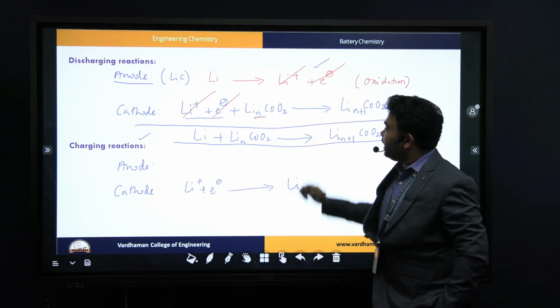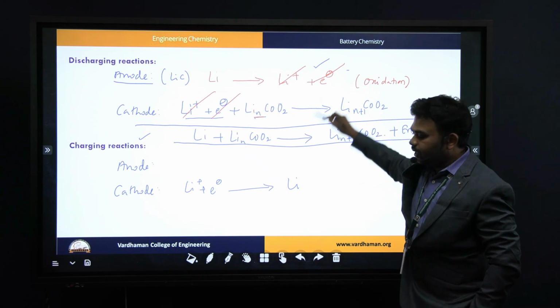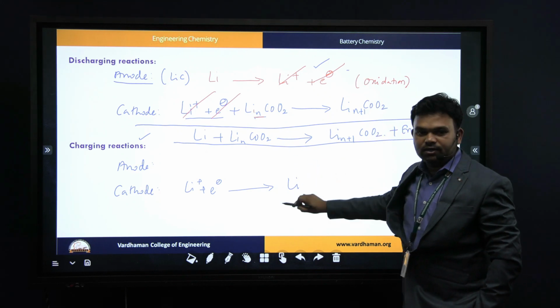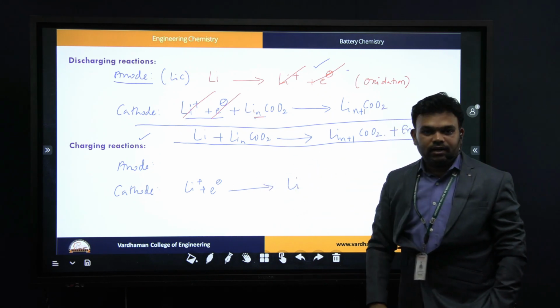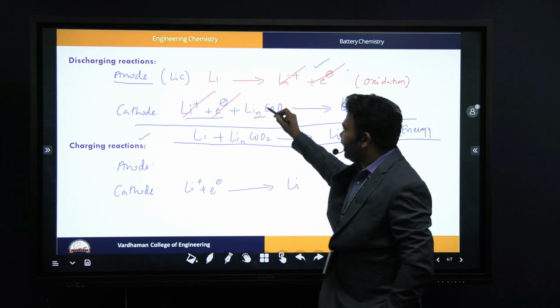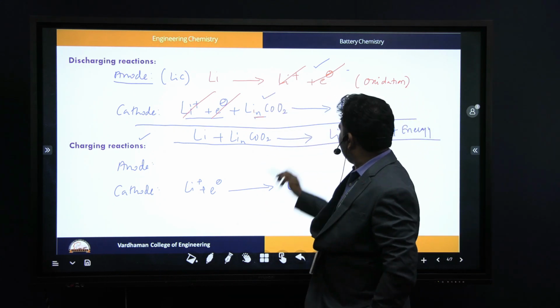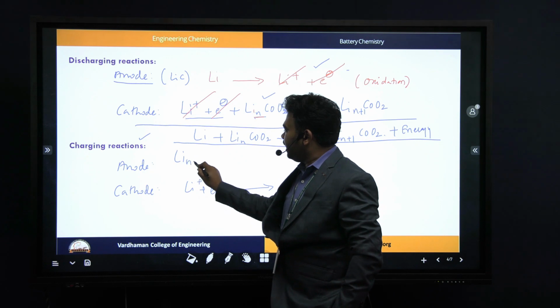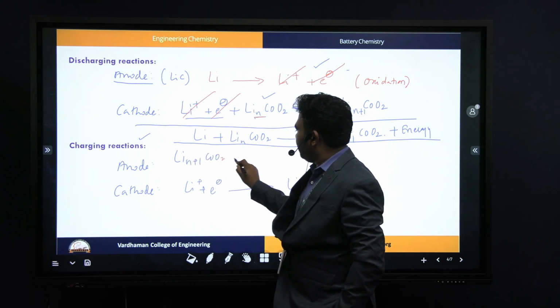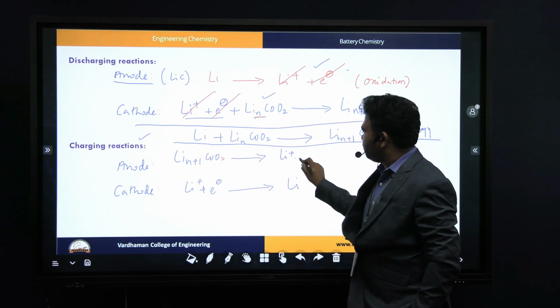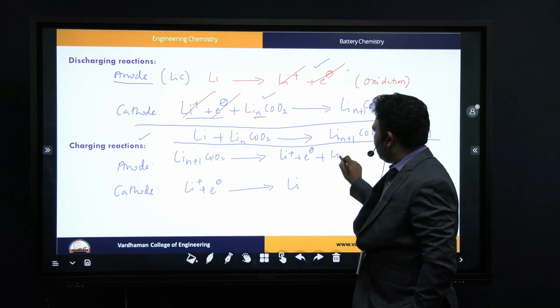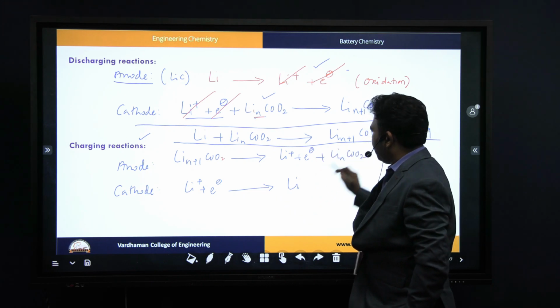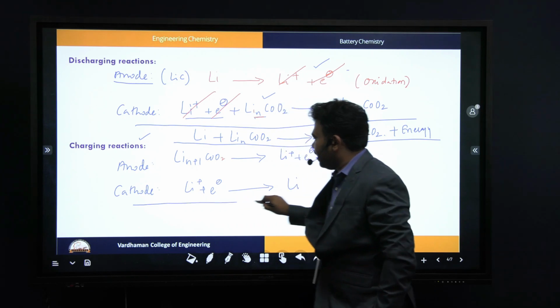The reaction at the anode during discharging, written in reverse, takes place at the cathode in the charging reaction. And the reaction which takes place at the cathode, reversed, is Li(n+1)CoO2 gives rise to Li+ plus electron plus Li(n)CoO2, and this takes place at the anode.